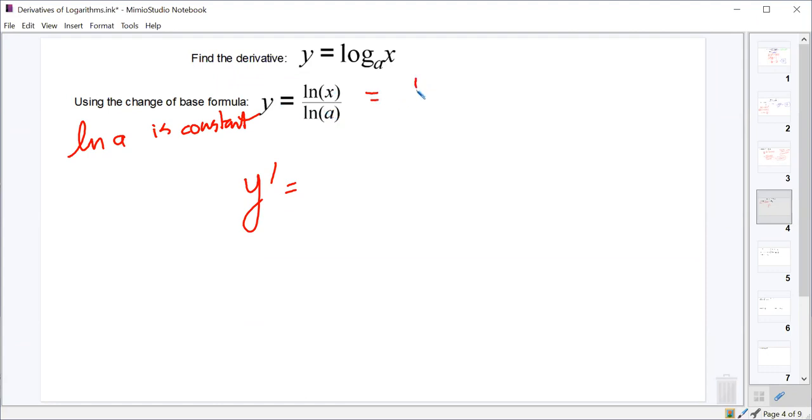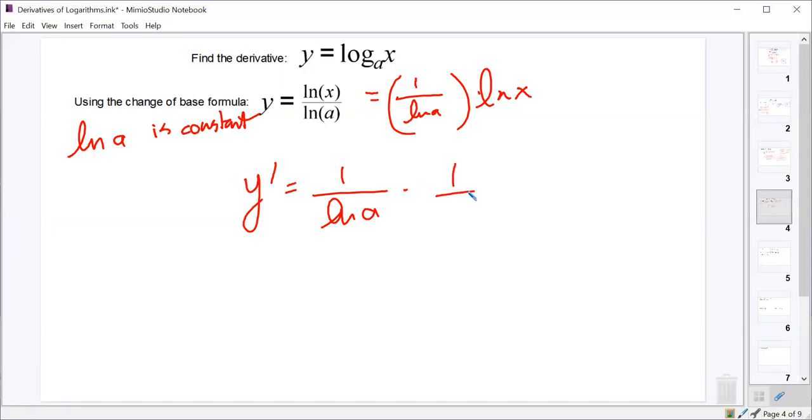So really what we're looking at here is 1 over the natural log of a constant, times natural log of x. So it's a constant times a function. And how do you take the derivative of a constant times a function? You just write the constant, and then you take the derivative of the function and multiply them together.